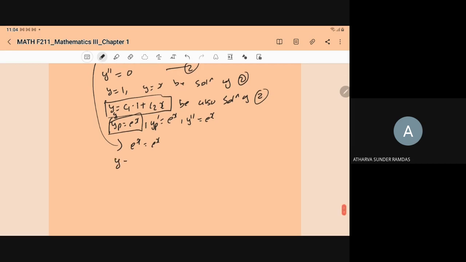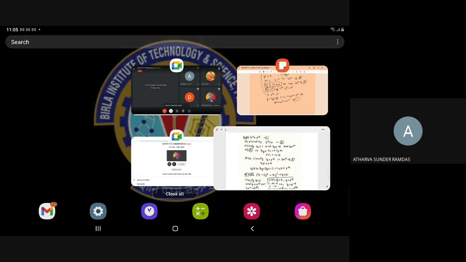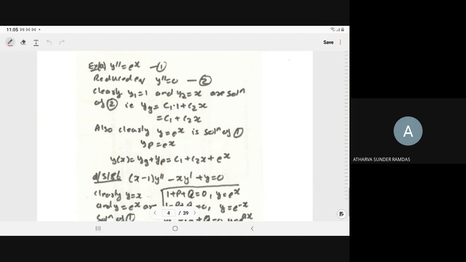So y is equal to yg plus yp. By theorem B, c1 plus c2 x plus e to power x is the general solution of the complete equation 1. In this way we write the solution of a second order linear differential equation.